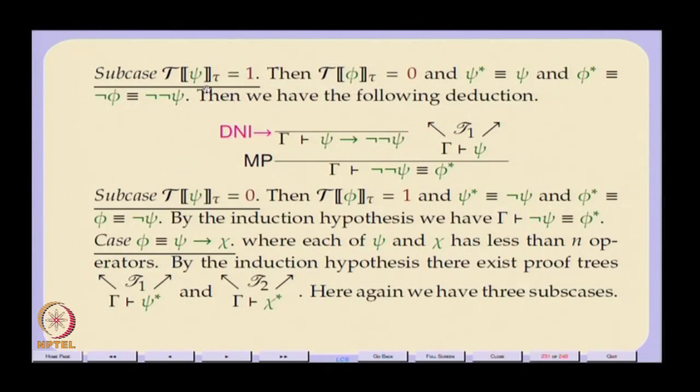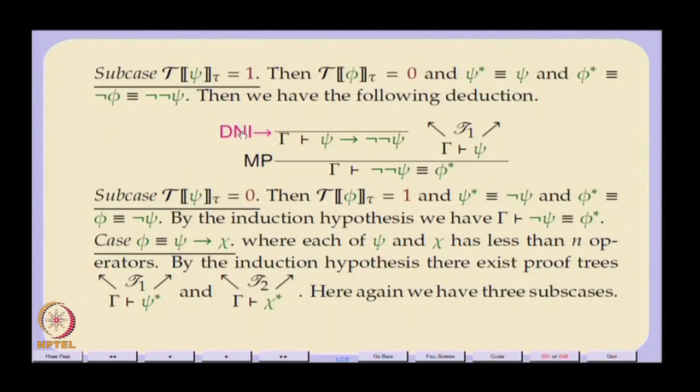One is whether the truth assignment to psi is 1 or 0. In each case, if the truth assignment to psi is 1, then phi must be 0 because phi is not psi, and therefore psi star is the same as psi, and phi star is not phi, which is the same as not of psi.